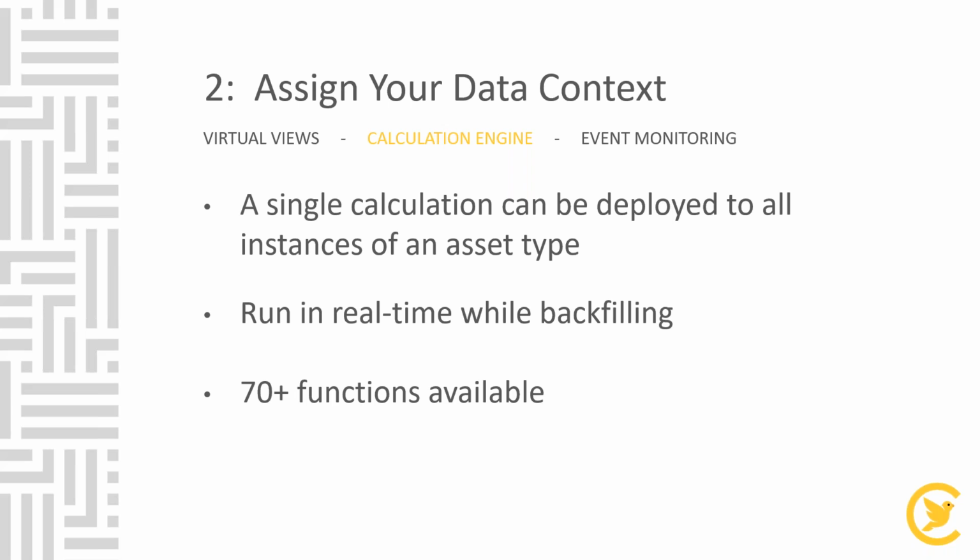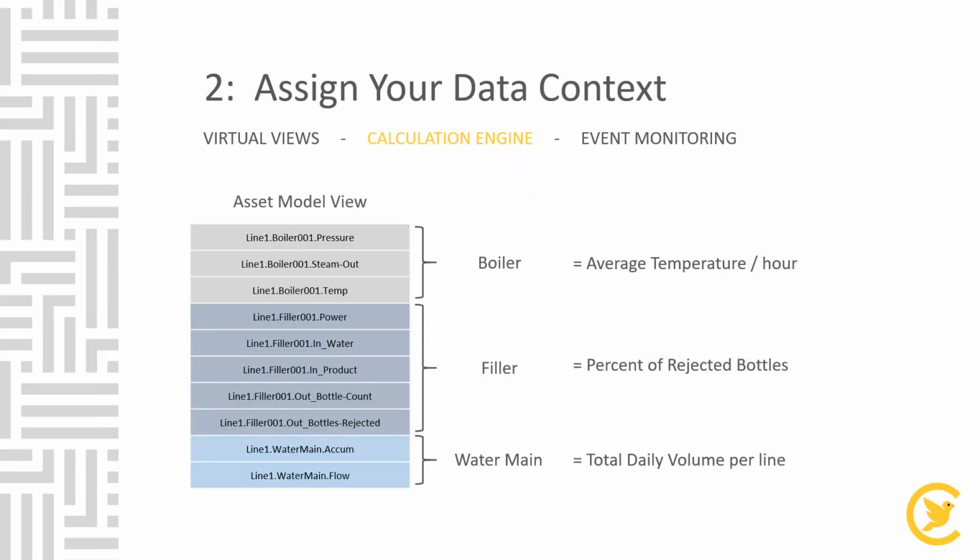The Axiom viewer will immediately perform the data calculation for you, for the incoming real-time data and also the backfilling data as well. That's the key point about how important the calculation engine is for scientists or data experts like you guys. So you can come to this asset model view, for the boiler, and have average temperature per hour, which is a simple way to perform it, percent of rejected bottles, and total daily volumes per line from Waterman.